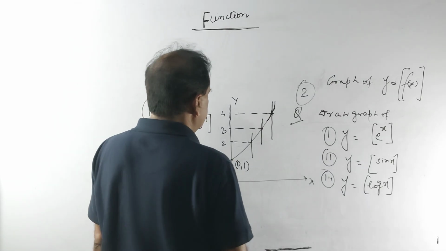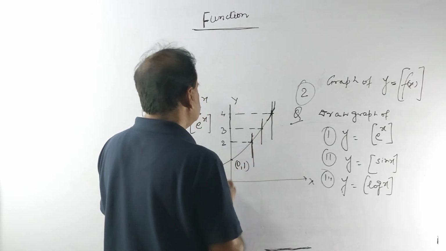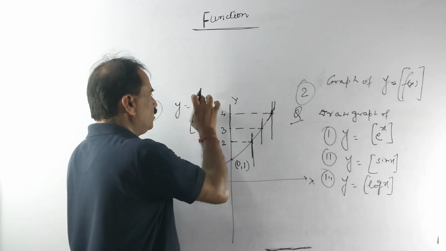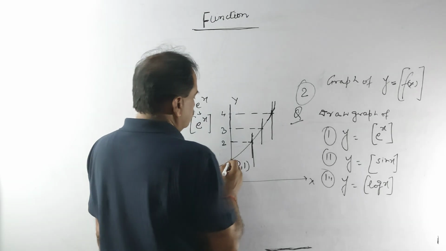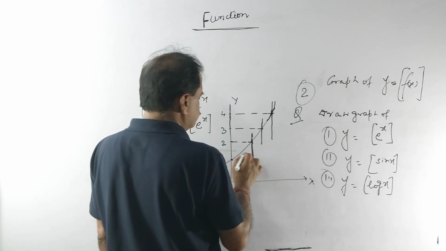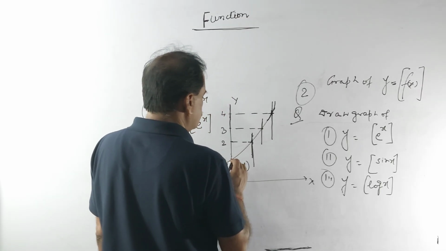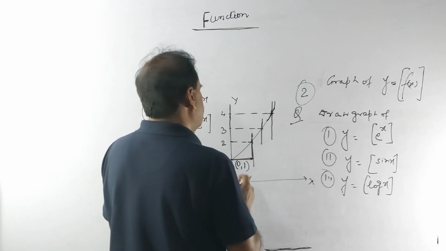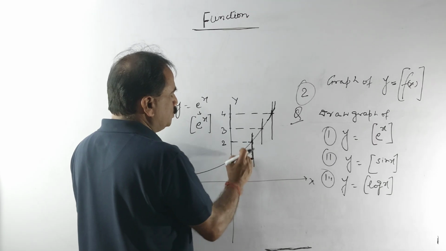If we see the graph, the value of x, that means the y coordinate, between these two vertical lines lies between 1 to 2.